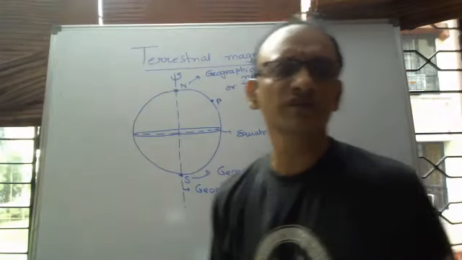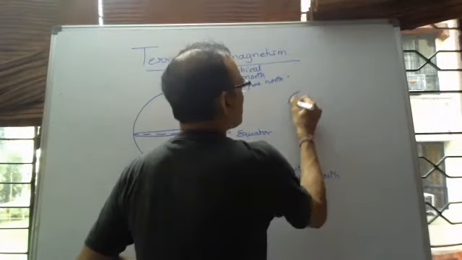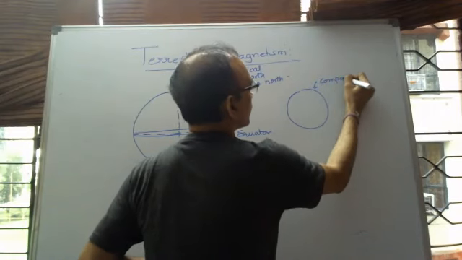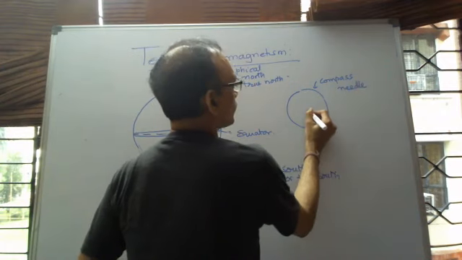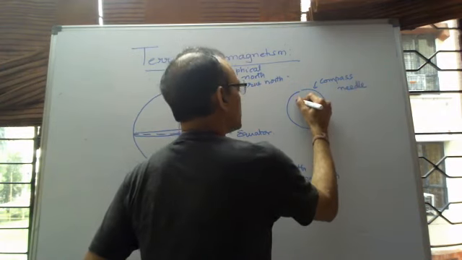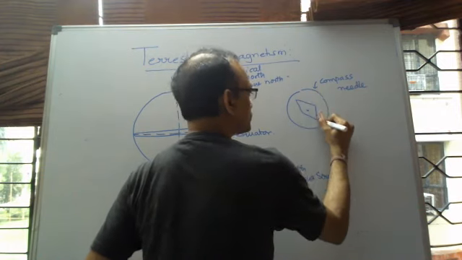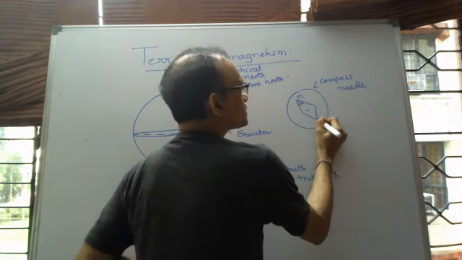Very easy. If I want to reach the North Pole, I have a compass needle. The compass needle is like a rhombus shaped structure, and this is a magnetic needle.